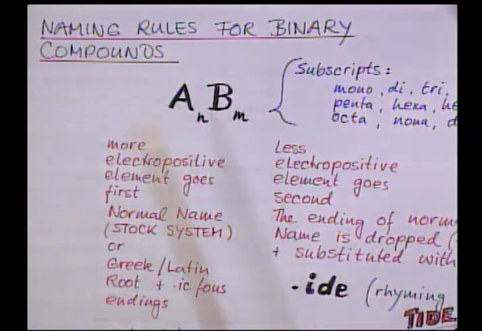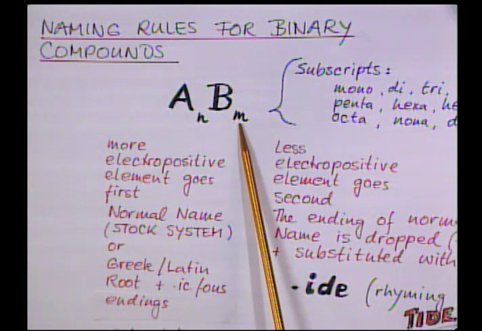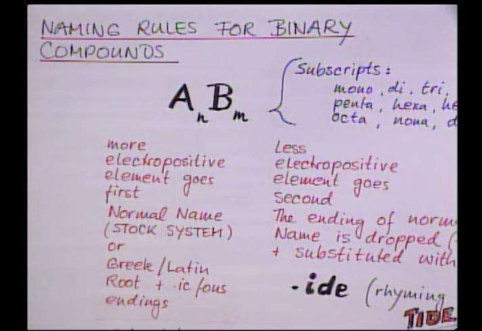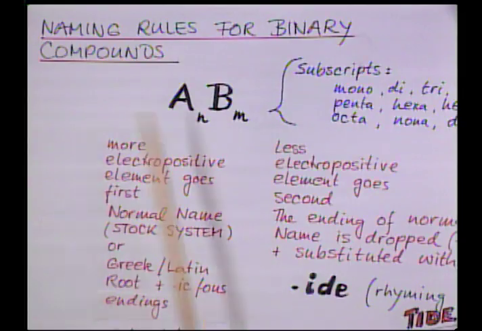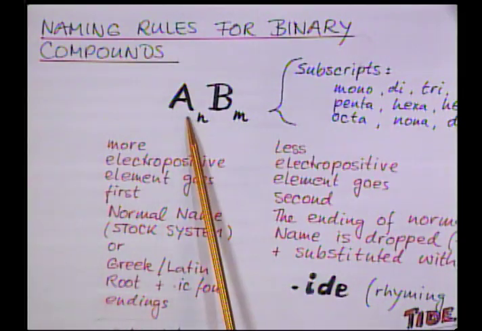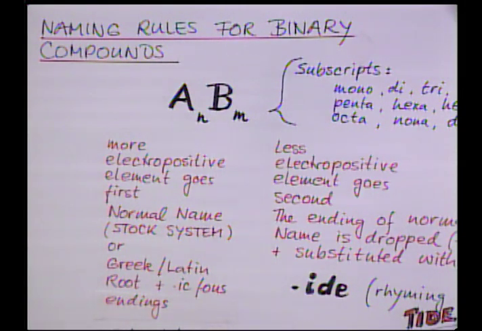Let's just call them A and B. And the numbers N and M are the various subscripts. Now, depending on what type of compound, remember we talked about it in episode 1 of the naming nomenclature chapter. Remember, the more positive, electropositive element goes up front, and the more electronegative element goes in second place.